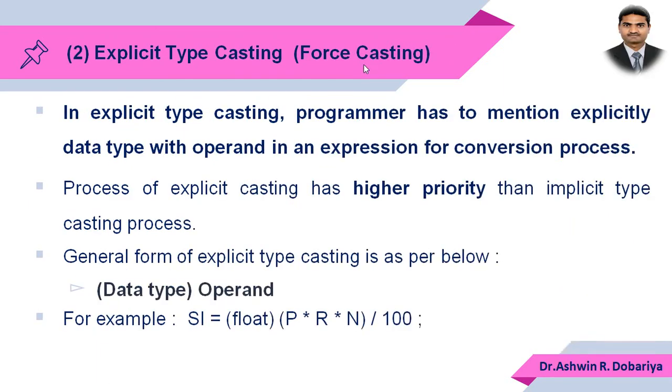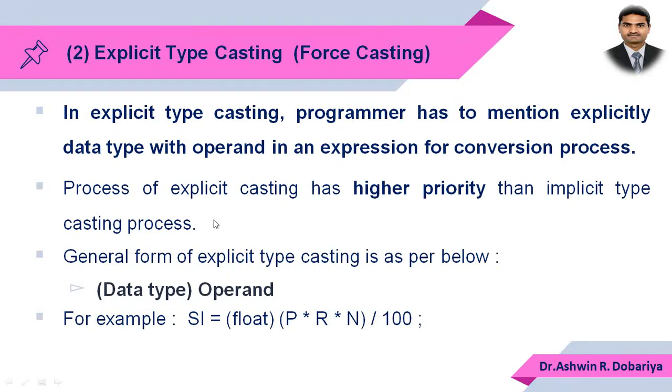Now the second type of typecasting in C language is explicit. Explicit, the word itself says user defined, programmer defined, that is known as explicit, right? And it's a force casting. Force casting means we are compulsorily telling the compiler to convert to this data type. So in explicit typecasting, the programmer has to mention the data type explicitly with operands in an expression for the conversion process.